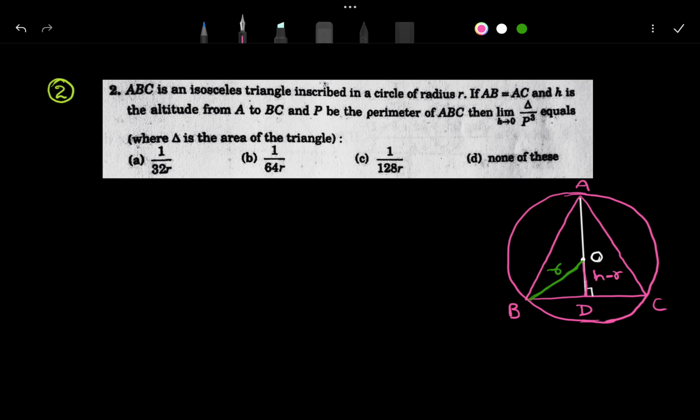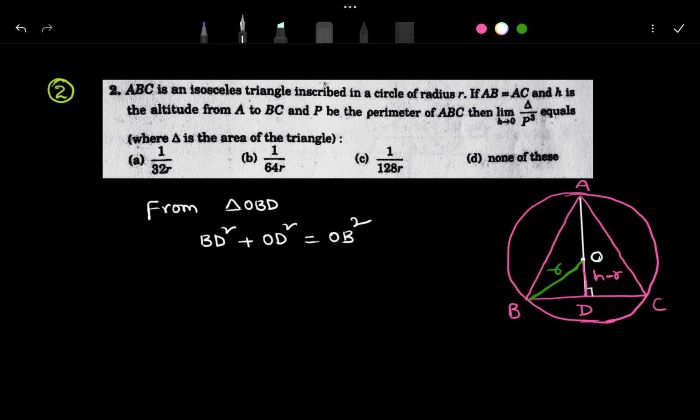So from triangle OBD, which is a right angle triangle, we can write BD square plus OD square is equal to OB square, by using the Pythagoras theorem.